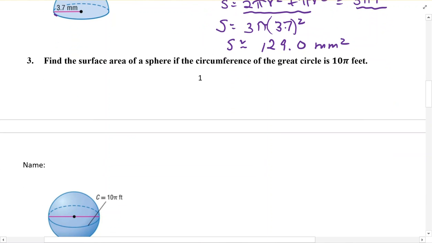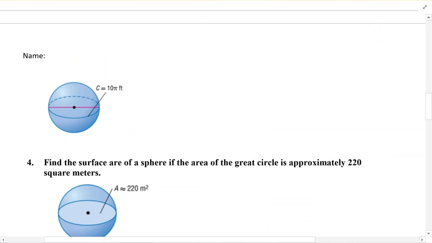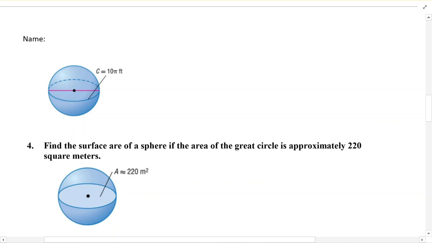For the next problem, we want to find the surface area of a sphere if the circumference of the great circle is 10 pi feet. We know that the formula for circumference is 2 pi r. We have 10 pi equals 2 pi r. Divide both sides by 2 pi, and we have that the radius is 5.